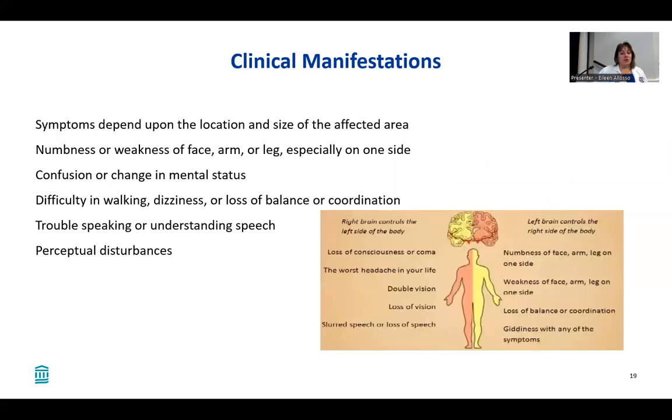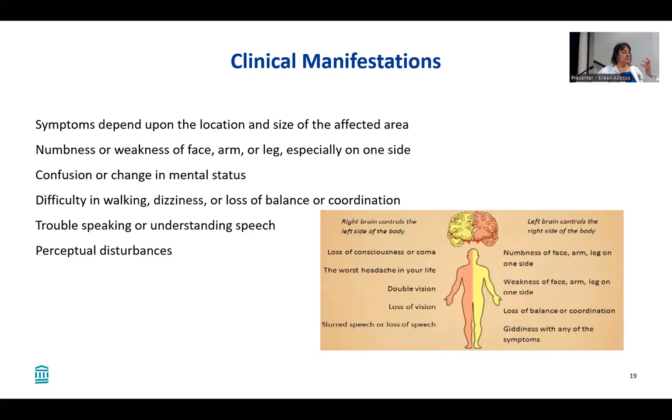Okay. So, clinical manifestations, or the signs and symptoms of stroke. It all depends on the location of where the stroke has occurred and the size of the stroke. Every part of the brain controls certain things; I have a little picture here.